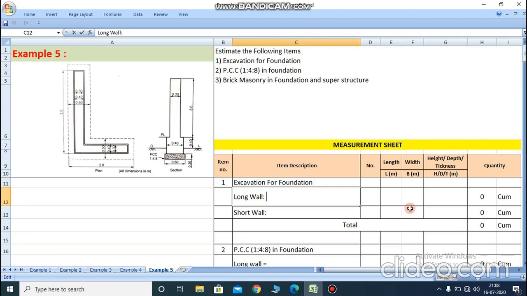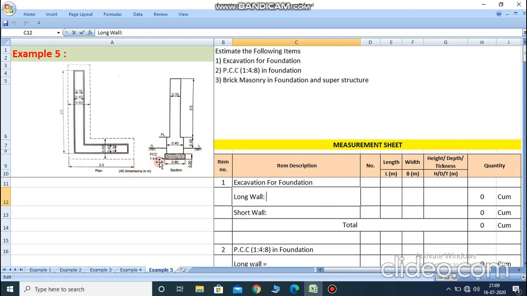In this figure, this dotted line shows the excavation boundary. Clear? So here 0.6 meter width of the excavation is given. Total length of the excavation is given as 3 meter plus up to the dotted line, and at the bottom side up to the dotted line, and 2 meter for a short wall.